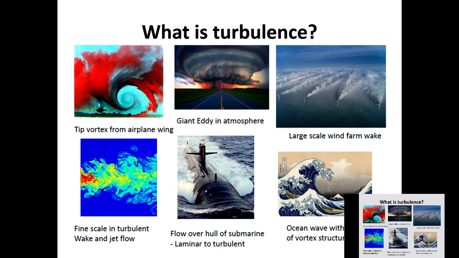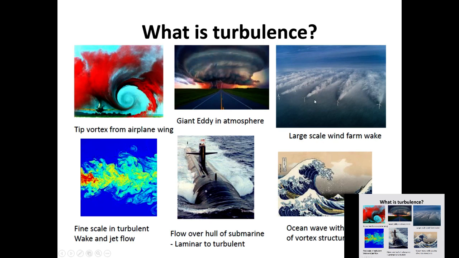And these are some other examples. So this is a picture of a tip vortex formed by an aeroplane. This is a giant eddy in the atmosphere. This is actually a large swirl there.